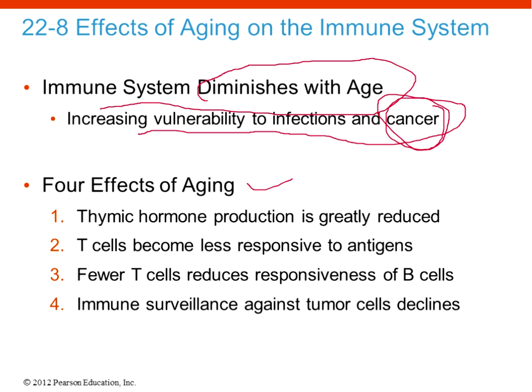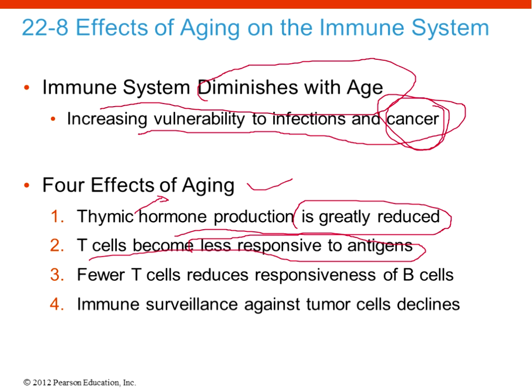And you can see the reasons for that, right? Thymic hormone production is greatly reduced. We said the thymus atrophies as we get older. So if you have less of a thymus, you're not going to be producing as many hormones. Those thymic hormones help educate those T cells, and so as a result, the T cells are going to become less responsive to these given antigens. Fewer T cells reduces the effectiveness of B cells, right?